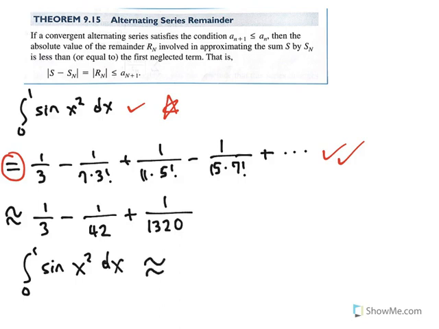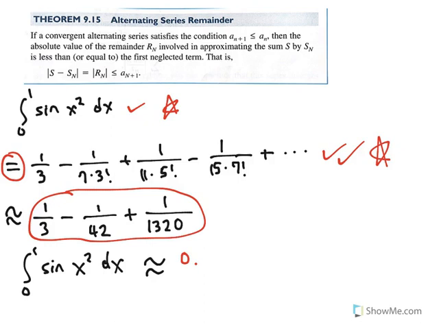The definite integral from our problem is being approximated by the third partial sum of our alternating series, and that's approximately 0.3102. Now, how do I know that this is the accuracy that I want in this problem?